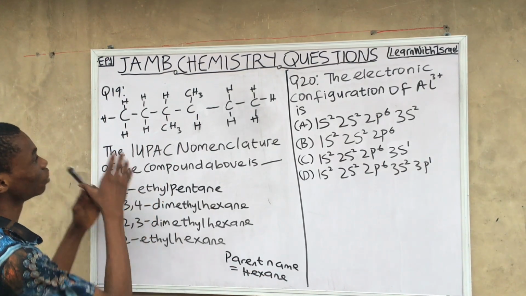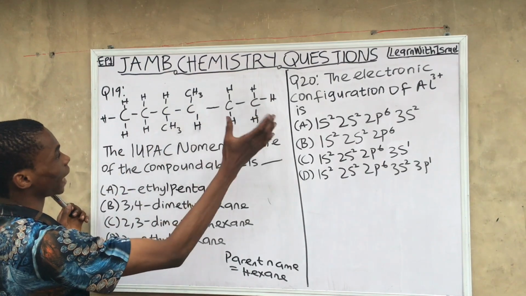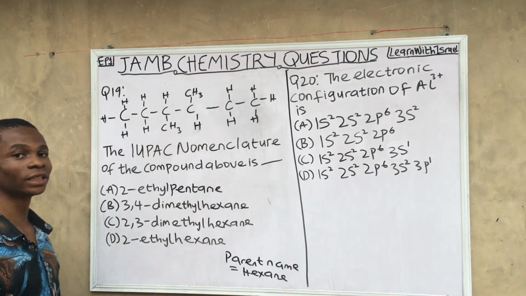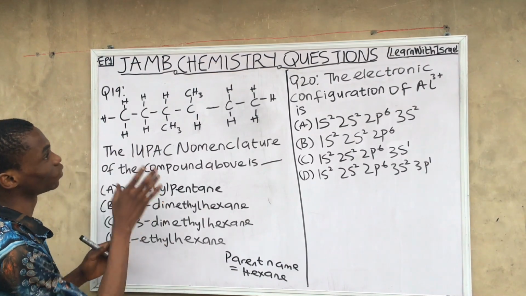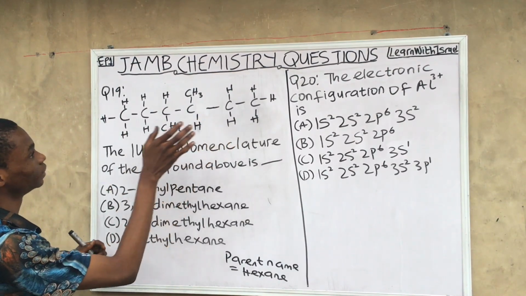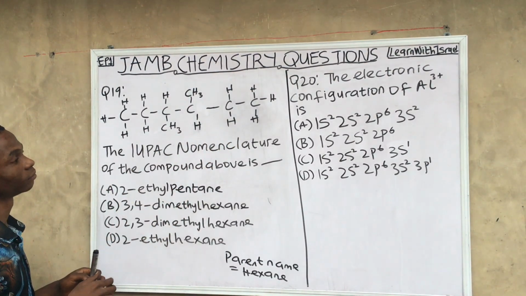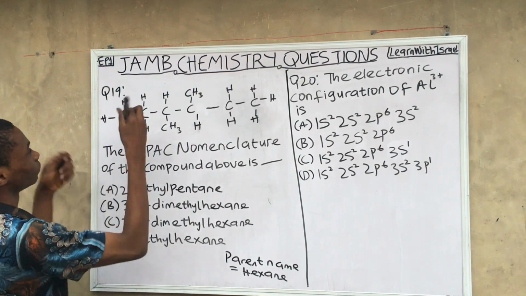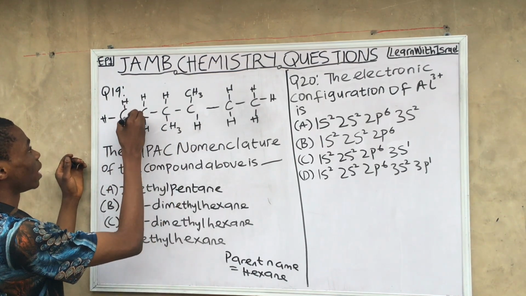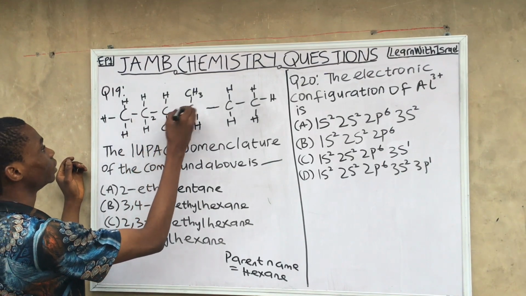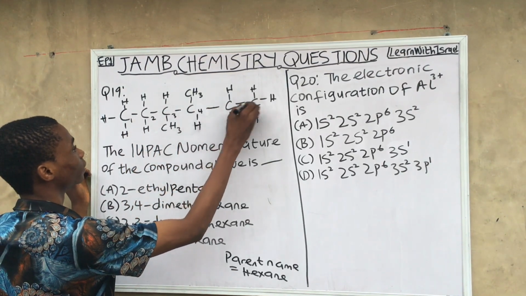So what do we do next? We have to count from left to right and count back from right to left, and pick the lowest numbers. Those are the rules of organic chemistry when naming the compound. Counting from the left, we have 1, 2, 3, 4, 5, 6.